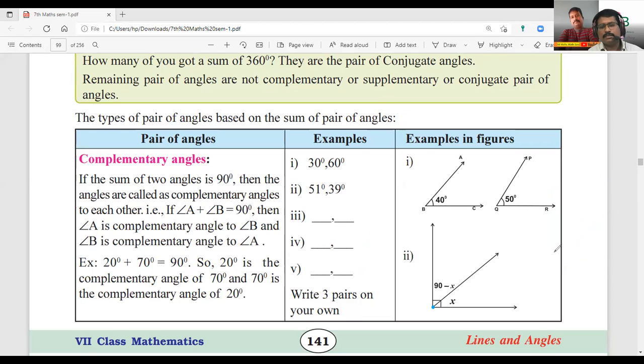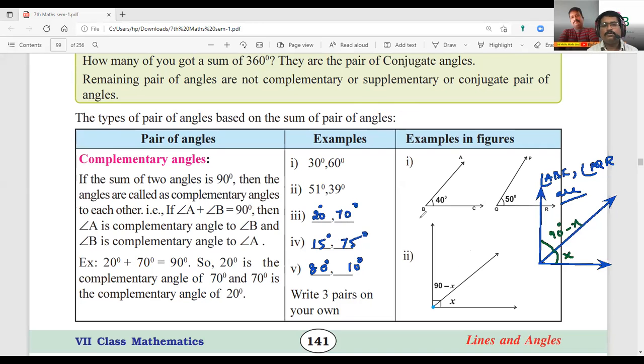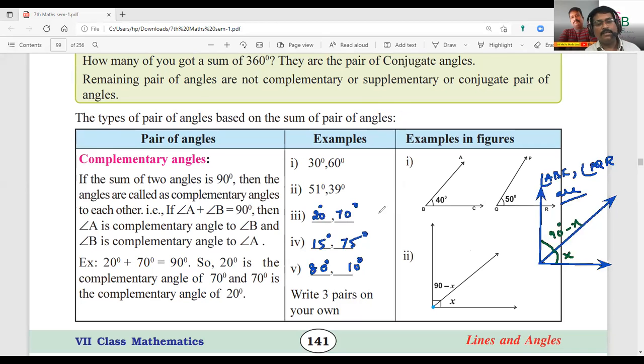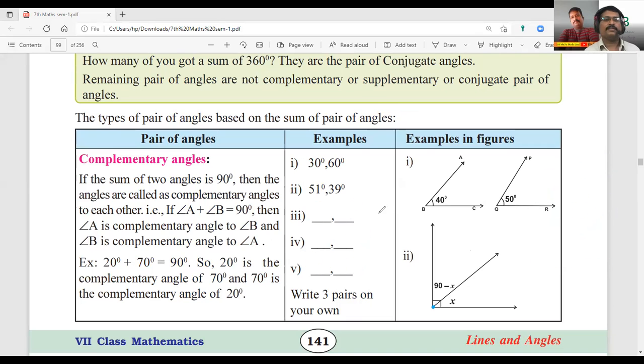So this is x, then automatically this is 90 minus x. Am I right, Anna? Am I right? So like this, if one angle is x, then automatically its complementary angle is 90 minus x. That's it. Okay, right.